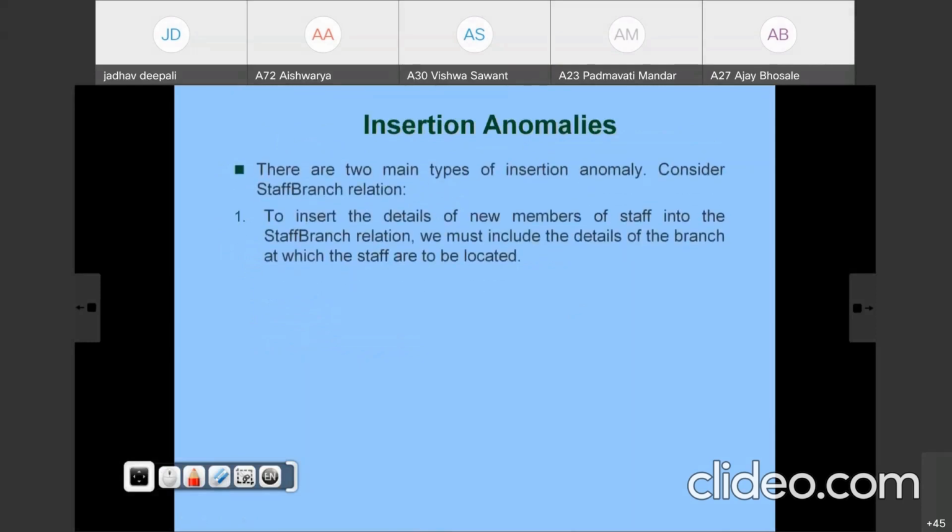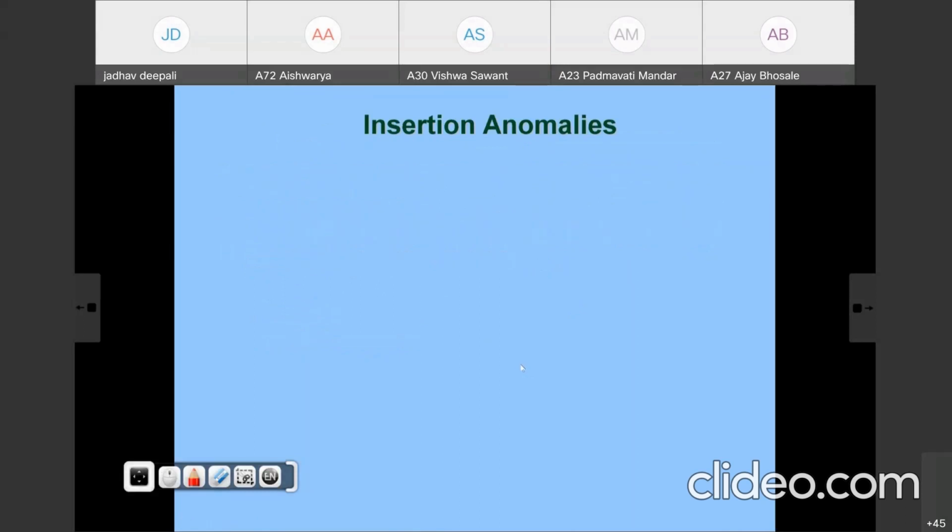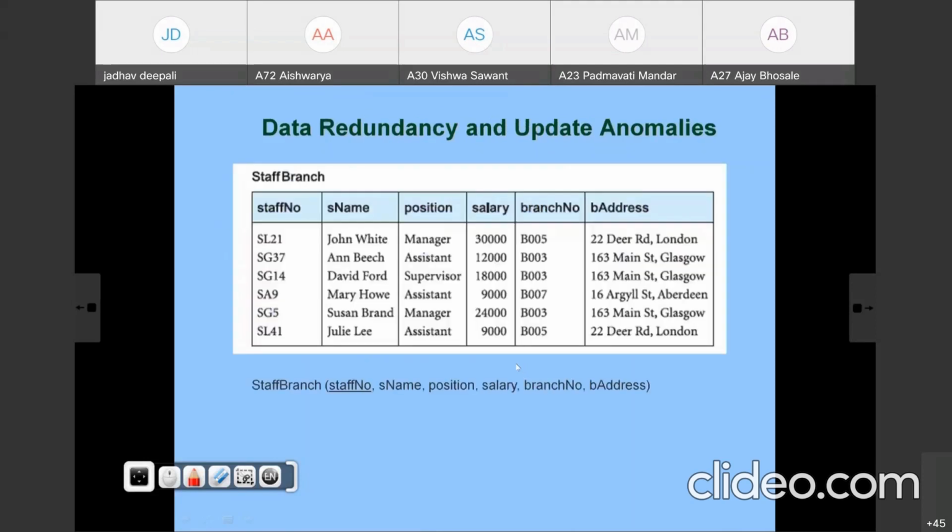So there are 2 main types of insertion anomalies. Consider the staff branch relation. To insert the details of new members of the staff into the staff branch relation, we must include the details of the branch at which the staff is associated or located.